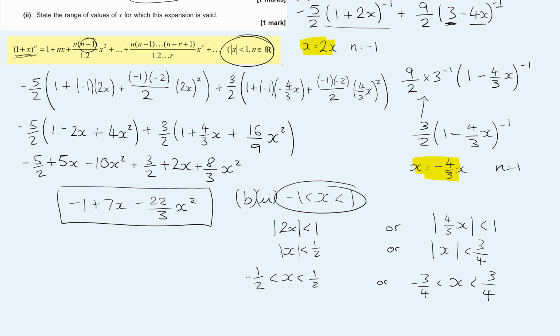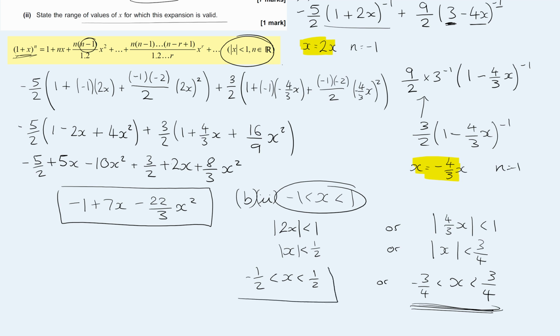So which one do we have to take for the range for this expression? And it's always the one that's smaller. We can't take this one because this one allows us to include values between 1/2 and 3/4, which are not valid for the second expression.